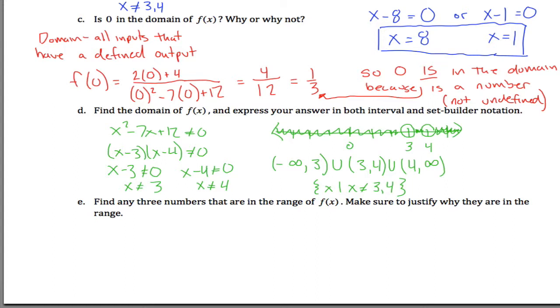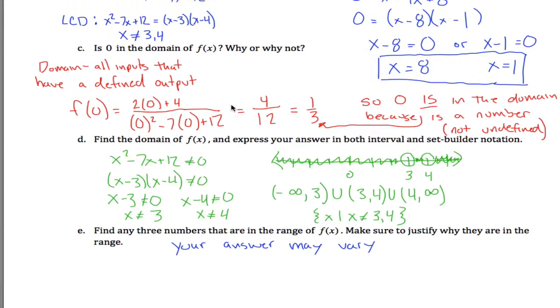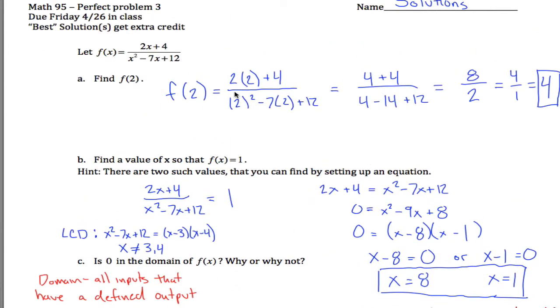Last part, finally. Find any 3 numbers that are in the range. Make sure to justify why they are in the range. Your answers may vary. But really all we have to do is take any 3 numbers, plug them into this, or keep plugging numbers into this function until we get 3 different outputs.